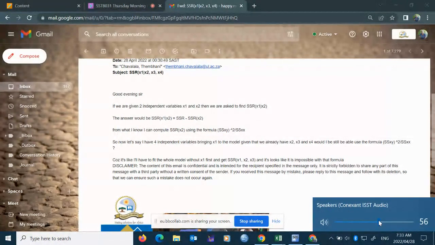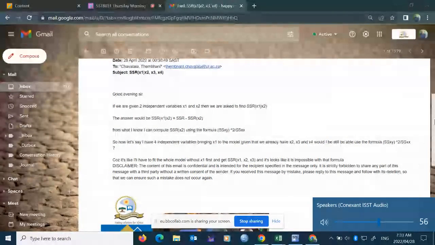You have to collect your scripts today so that you can see your mistakes, what you have done wrong, because you may assume that what you wrote is correct, but when I check, most of you, what you wrote is not correct. So it will be very important for you to get your script so that you don't go and repeat the very same mistake in the test tomorrow.